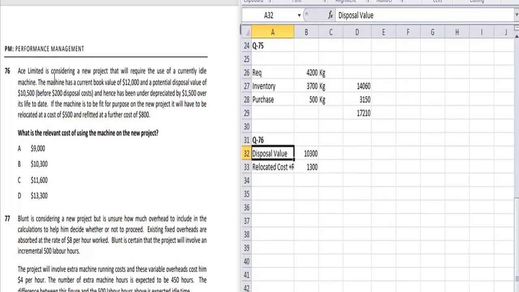Because we are using this machine in the new project, as it's an idle machine. If we use it, this opportunity will be foregone, so it's an opportunity cost, that's why we are adding it here. 11,600. Okay, so this is our relevant cost for the machine to be used on the new project.